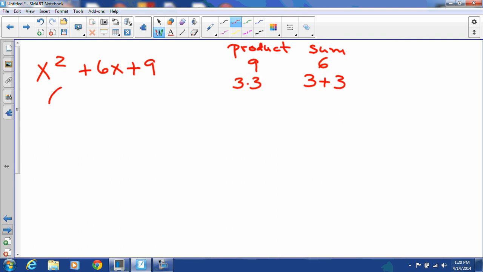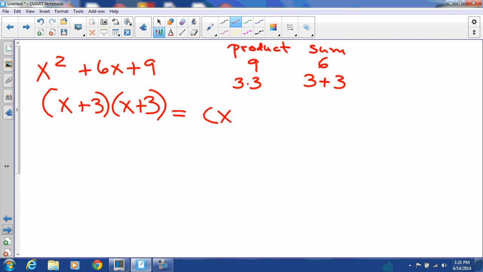That tells me when I factor this trinomial, I will factor it into the two binomials, x plus 3 times x plus 3. Now, if you'll notice, this is a perfect square, so we can write this as x plus 3, the quantity squared, and we have a perfect square binomial.